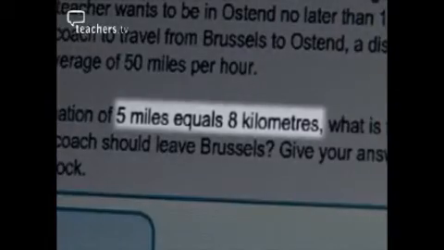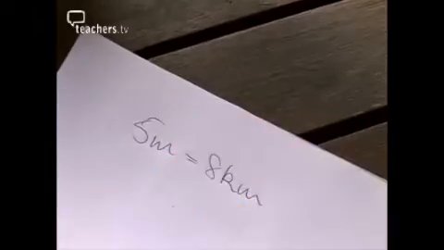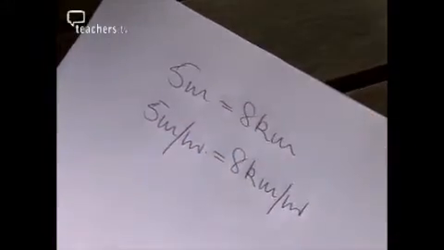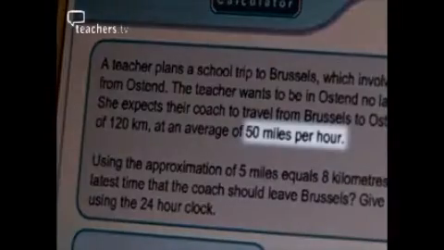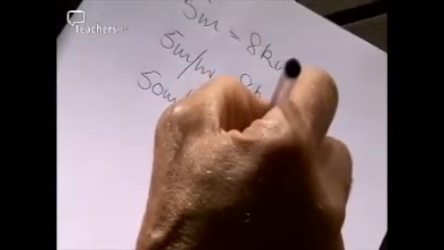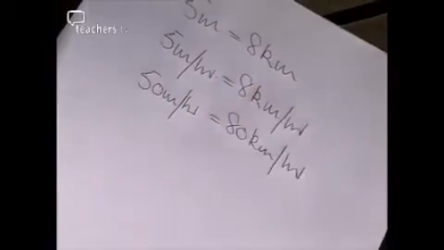If we have 5 miles equals 8 kilometres, 5 miles per hour will be equal to 8 kilometres per hour. Or, in our case, the 50 miles per hour is equal to 80 kilometres per hour. So, we now know the speed in kilometres per hour.